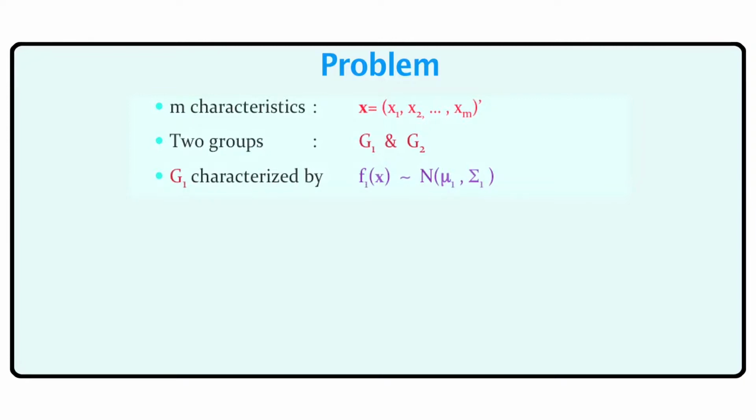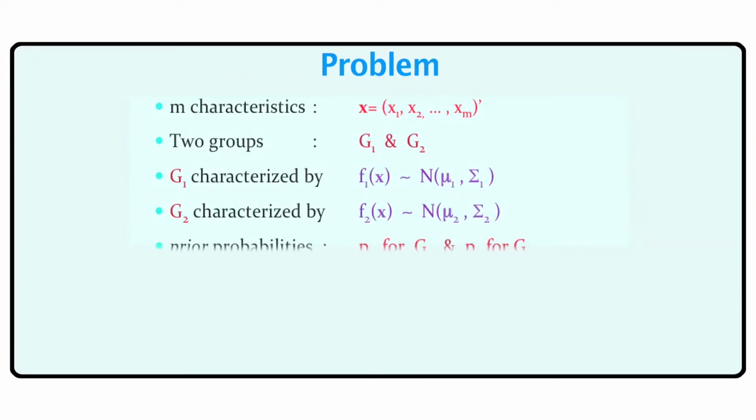G1 is characterized by f1(x), which follows the normal distribution with mean mu1 and dispersion matrix sigma 1. G2 is characterized by f2(x), which follows the normal distribution again with a different mean mu2, and sigma 2 is the dispersion matrix. The prior probabilities of the two groups are P1 for the group G1 and P2 for the second group G2.